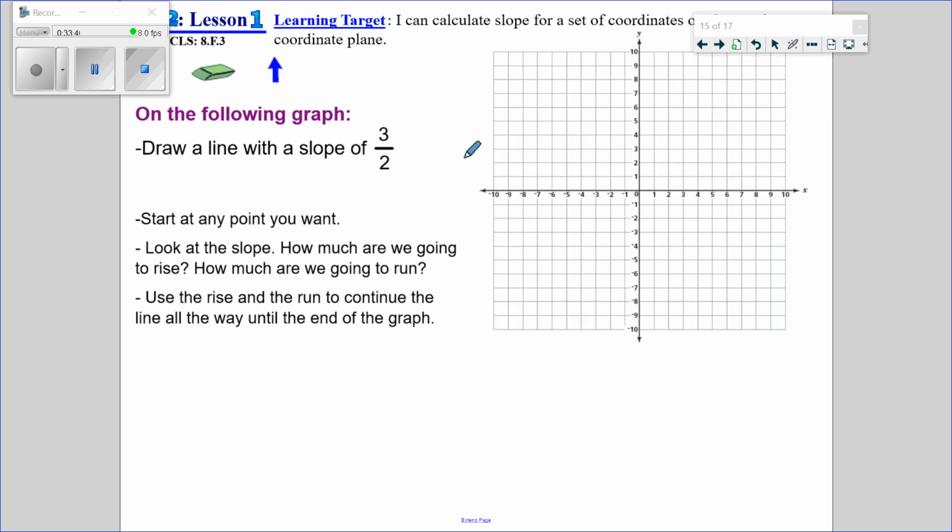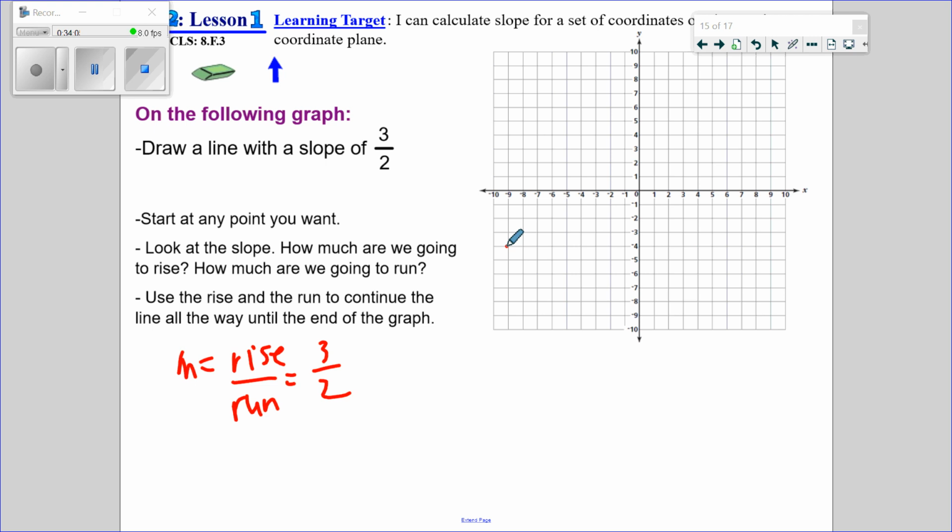Draw a line with a slope of 3/2. Start at any point you want. Look at the slope. How much are we going to rise? How much are we going to run? And use the rise and run to continue the line all the way until the end of the graph. Again, M equals rise over run, which equals 3/2. I think I'm going to start right here.